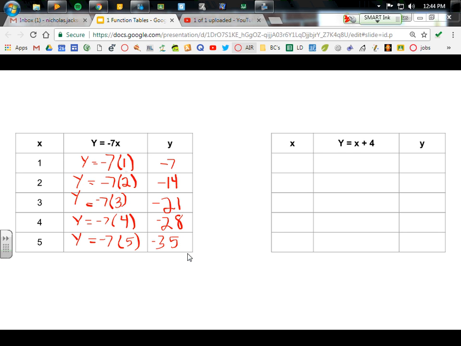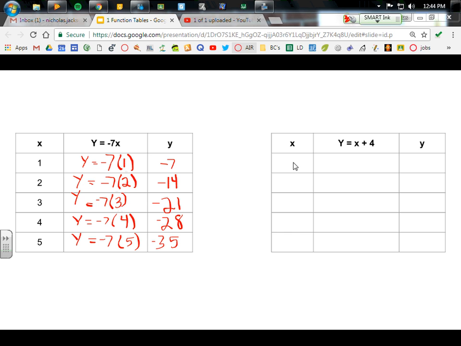Okay. Pretty good. Over here with this table, we are given a column for our input. We are given the function y equals x plus 4, and we're given a column for our output. We're not given anything else. So in this case, it would be up to us to choose our inputs. We can really choose any numbers we wish.